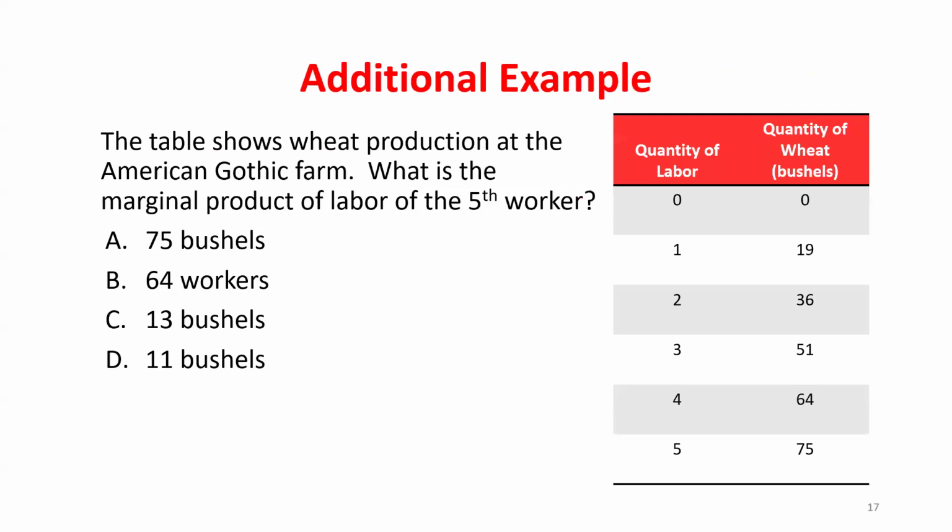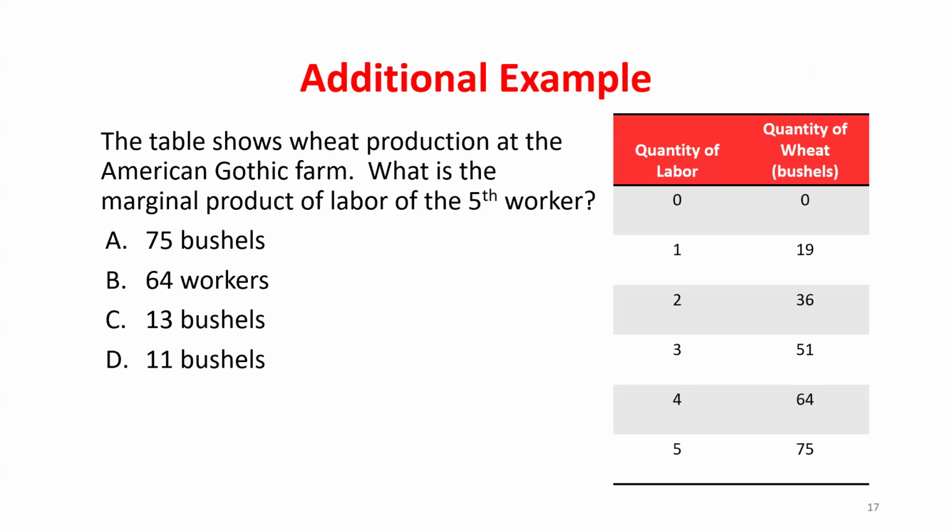Right. So this should hopefully be somewhat easy, but if I go back to my jumps in the quantity of labor of 1, and I wanted the marginal product of labor for the 5th worker here, what would it be? Marginal product is another way of thinking about marginal output. Anytime we want marginal, it's the change in the thing that is responding to a change in whatever we're looking at.